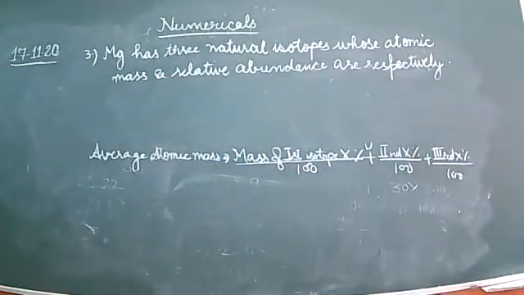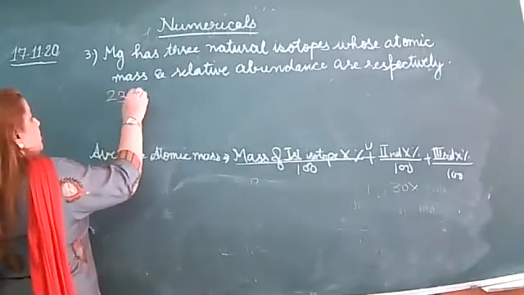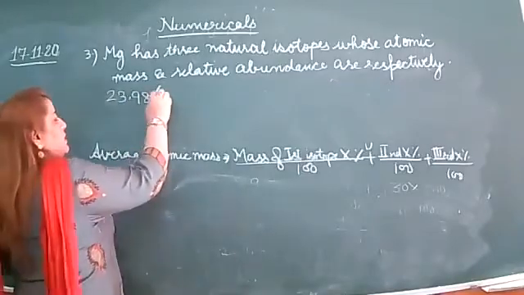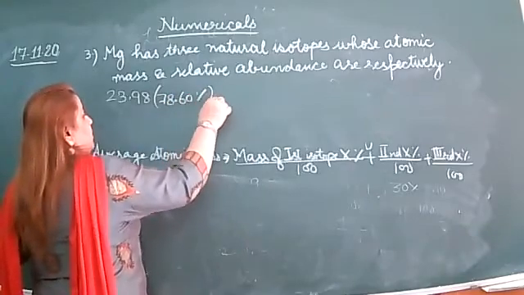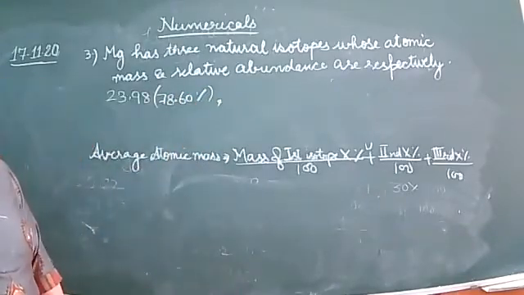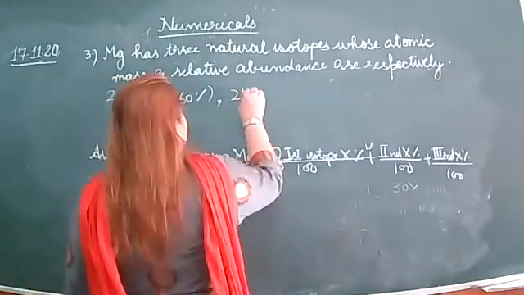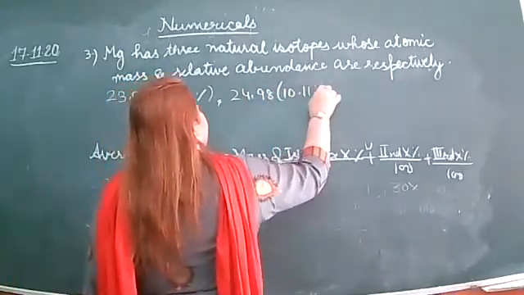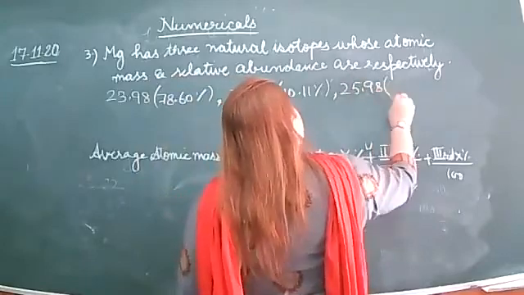23.98, percentage is given 78.60, comma. Second is 24.98, 10.11. Third, 25.98.